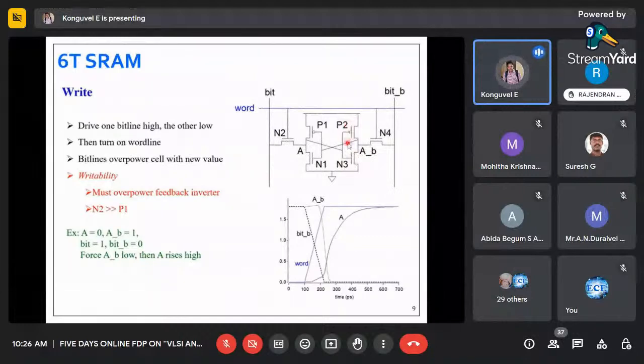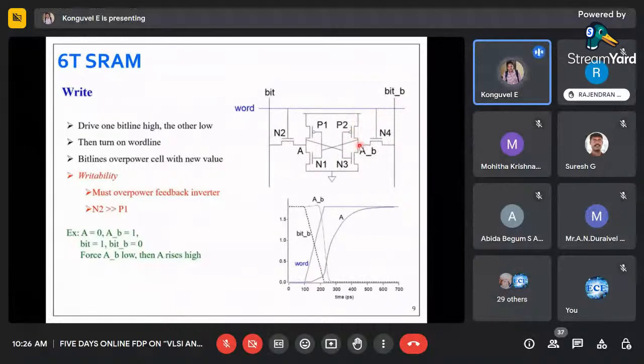So sizing we have to do very carefully, because N4 must have enough strength to pull this VDD to 0, because it is on. But when we put 1 here, we have to turn it off, since VDD is directly connected to the A bar B node.